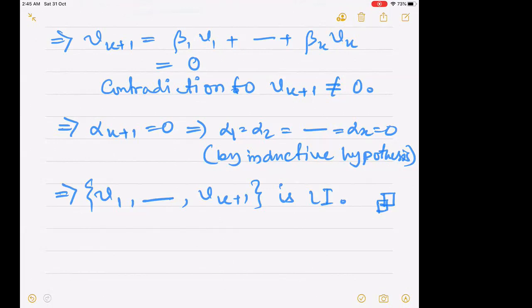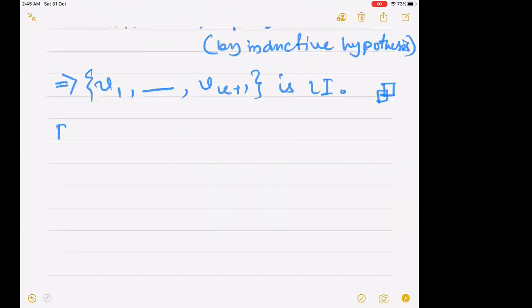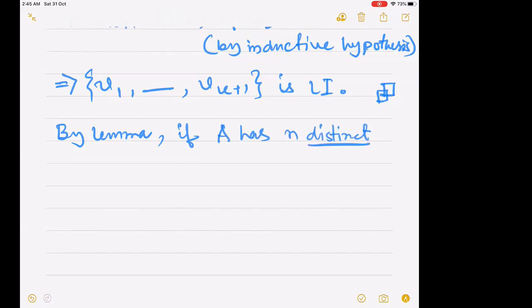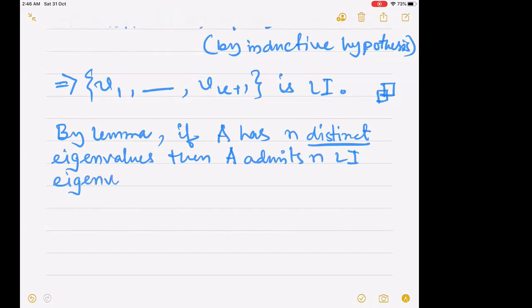So of course, if there are n distinct eigenvalues, then by the lemma, if A has n distinct eigenvalues, then A admits n linearly independent eigenvectors.